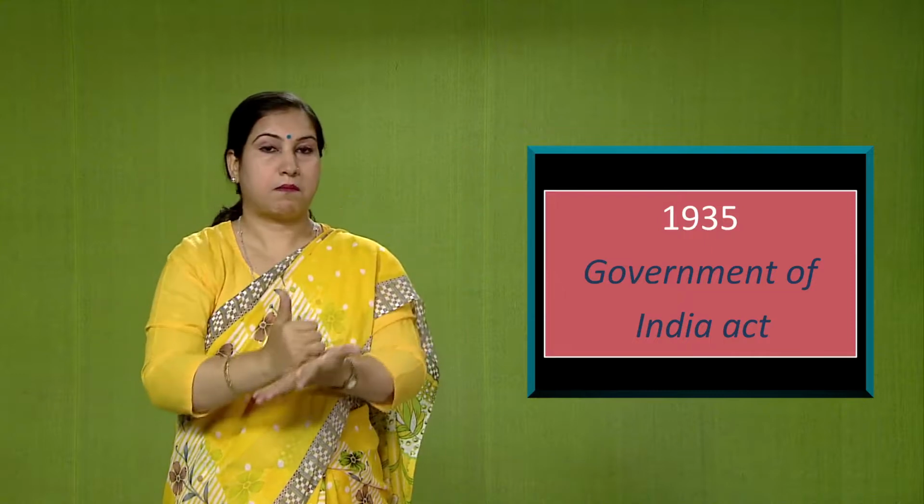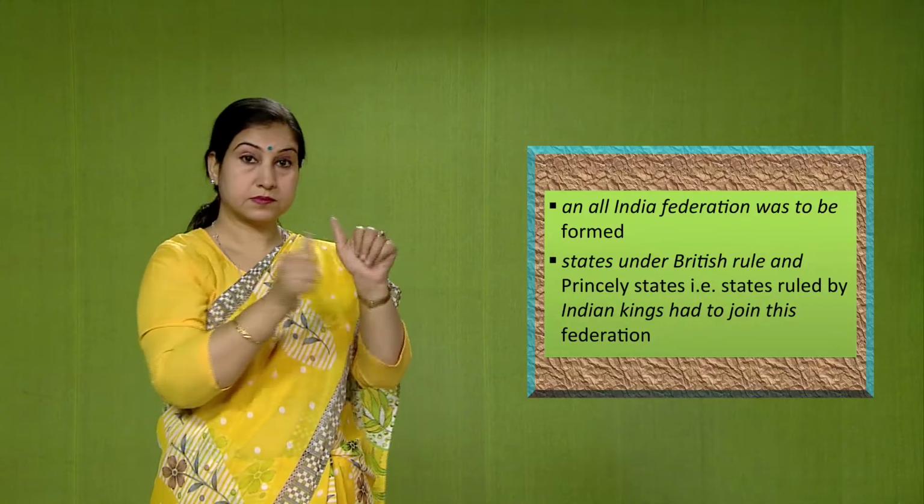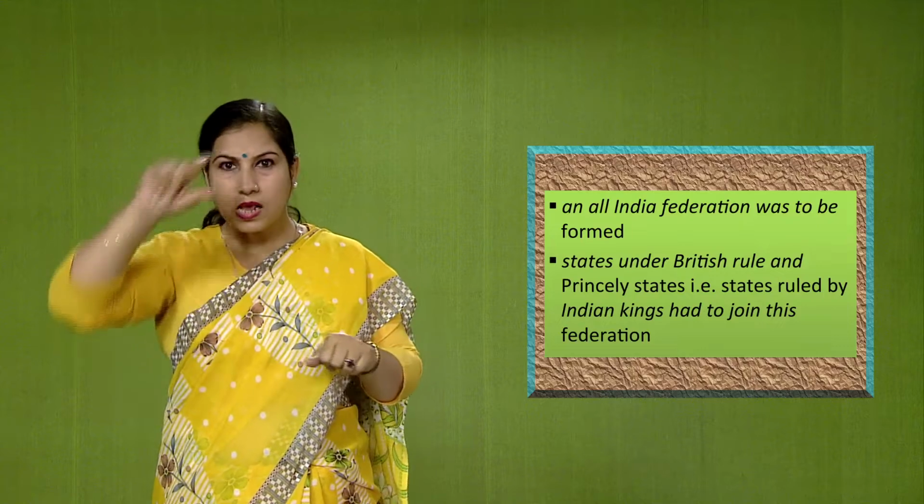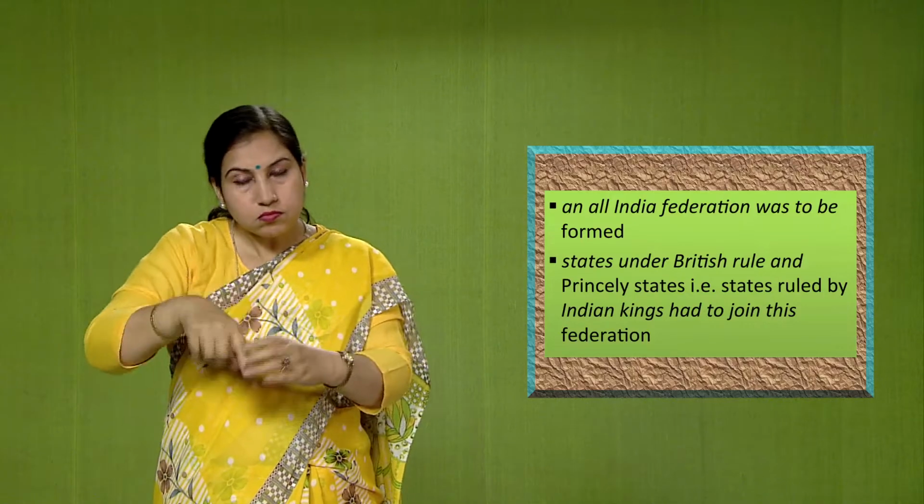Learners, in the year 1935, the Government of India Act was passed. This was a big step in the Indian freedom struggle. According to this act, an All India Federation was to be formed.